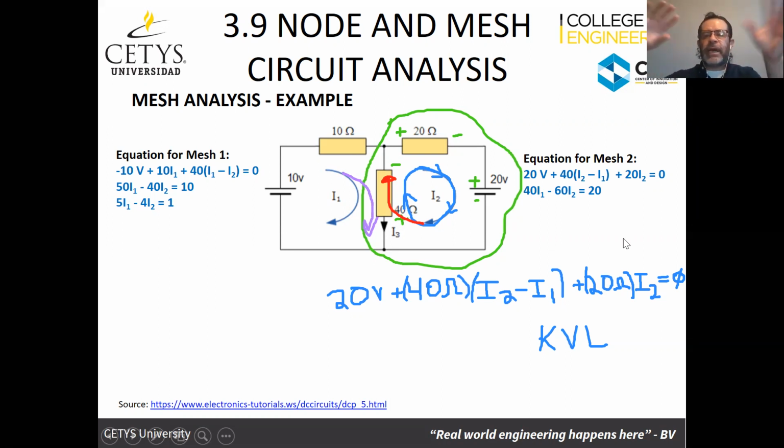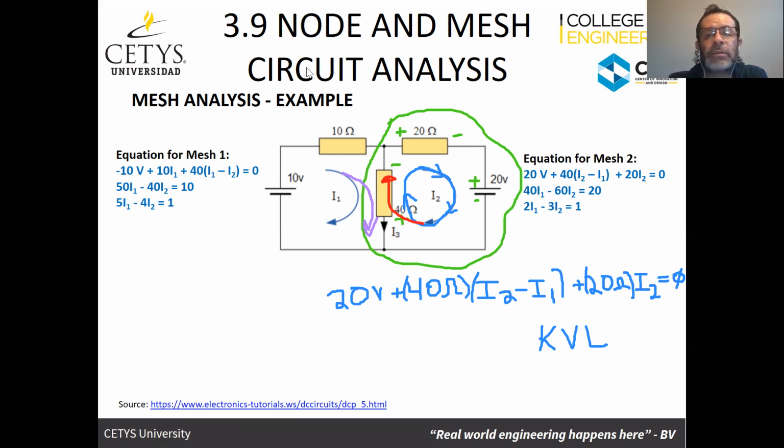That's multiplying everything, adding, and leaving everything organized, because in the end we want a system of equations. We can divide by 20, and we can get 2I1 minus 3I2 equals 1.